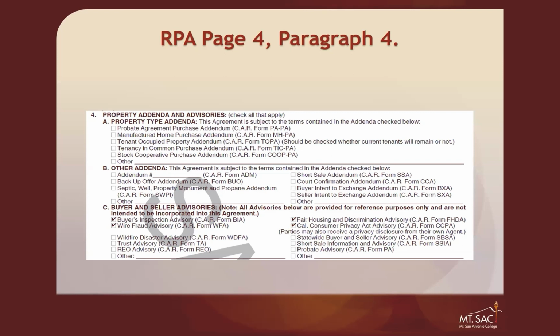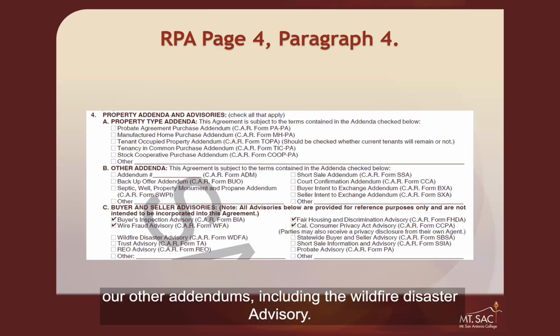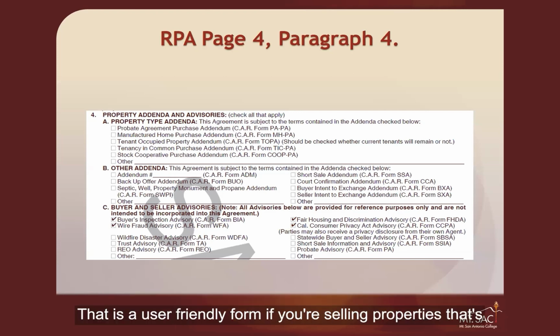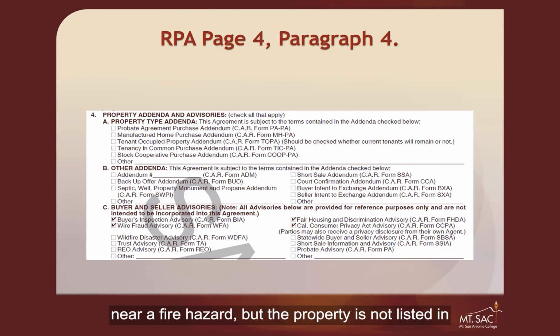And then C, our other addendums, including the wildfire disaster advisory. I love the wildfire disaster advisory. That is a user-friendly form. If you're selling a property that's near a fire hazard, but the property is not listed in the NHD as a very high or severe fire zone.